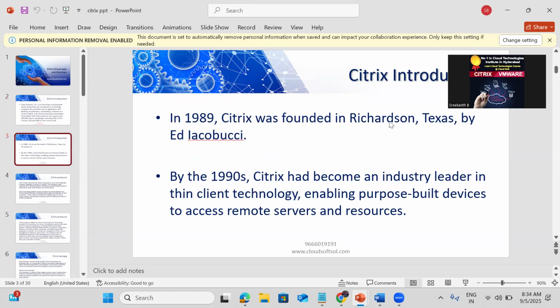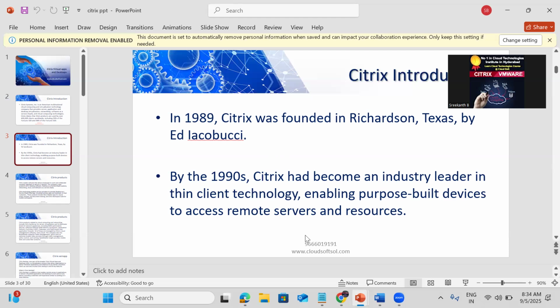I think it started in Texas, and later it moved to Florida. It was started by a former IBM employee. They started Citrix in 1989 to make multi-user versions of OS2.